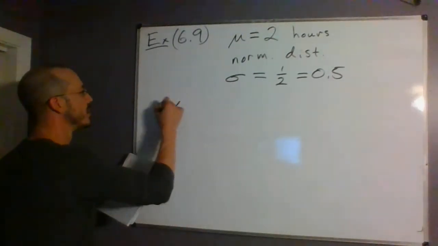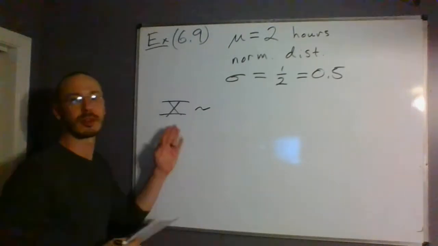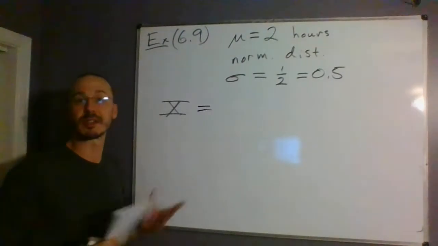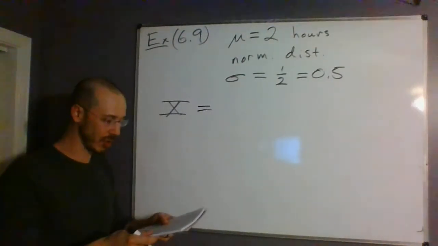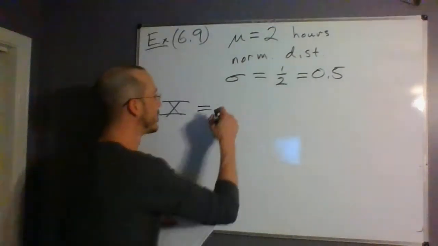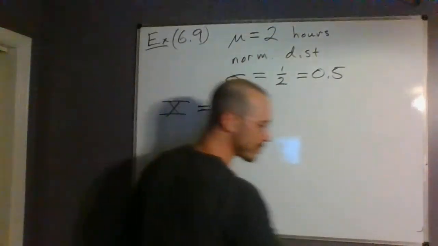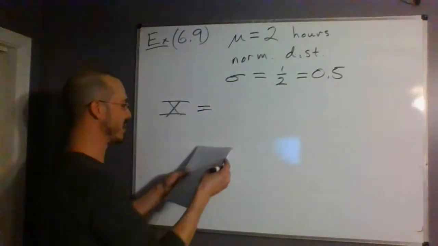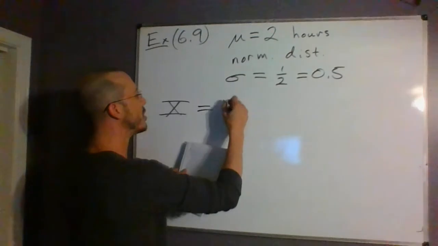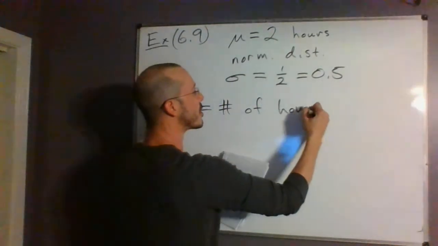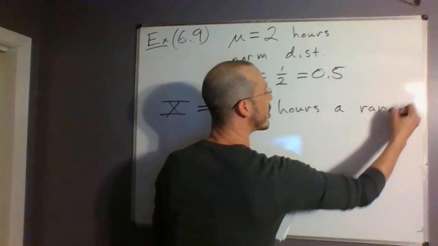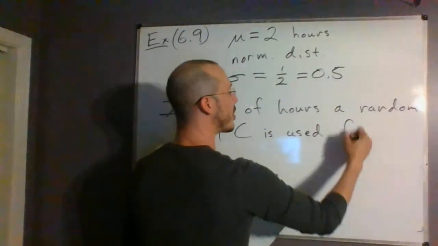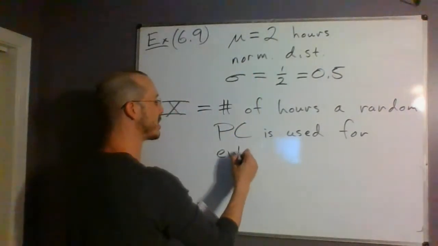So to start, I want to describe the distribution of the random variable x. Actually, before that, what is the random variable x? Well, it's an average PC. It's a randomly selected PC. So the number of hours a random personal computer is used for entertainment.